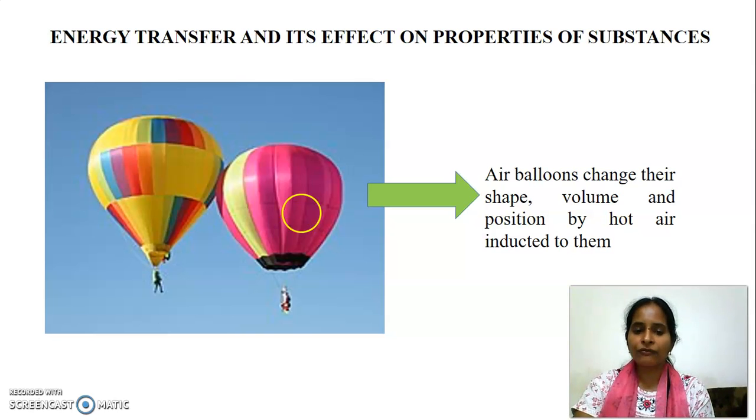After it has been filled, its total shape, volume and position have all changed. Why? Because the supply of thermal energy into this balloon through the hot air changed everything, right? So heat is doing something. That is how it is doing so many miraculous things.